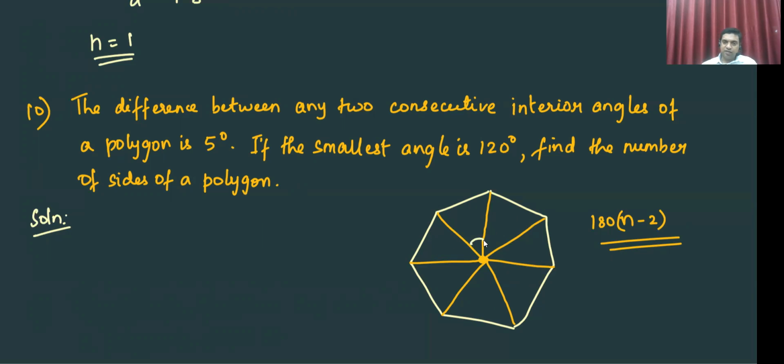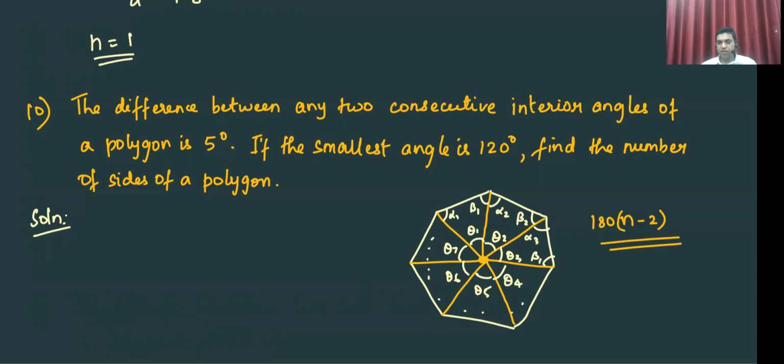See this, let's say this is theta 1, theta 2, theta 3, theta 4, theta 5, theta 6, theta 7 here, or theta n, let us say, and let each of these interior angles be alpha 1, beta 1, alpha 2, beta 2, alpha 3, beta 3, and so on.